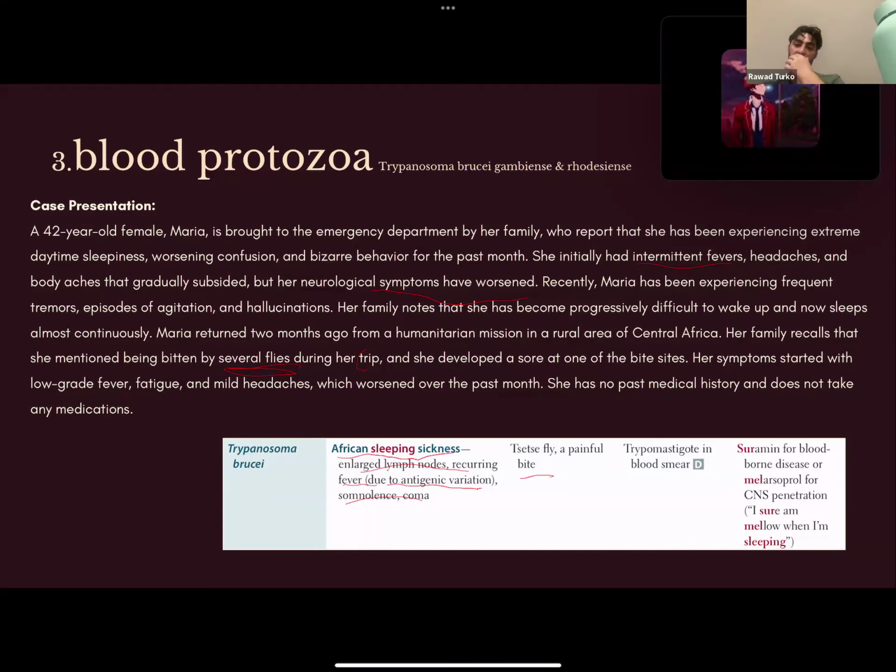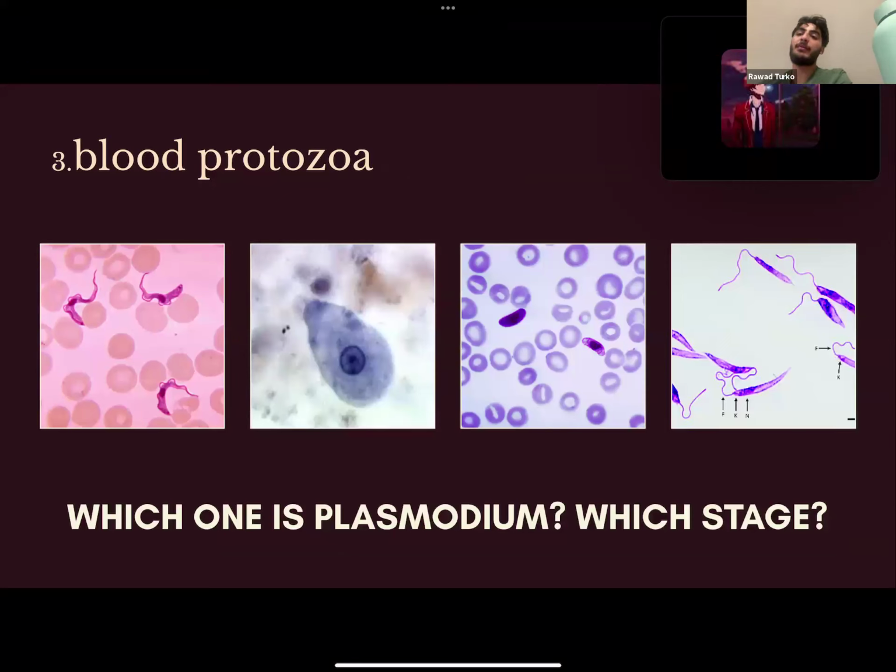Okay, let's get some questions going. Who can tell me which one is Plasmodium and at which stage? Plasmodium is the third one. It's the gametocyte stage. Perfect. Thank you, Yasser. Now, somebody else, who can tell me what the fourth one is?